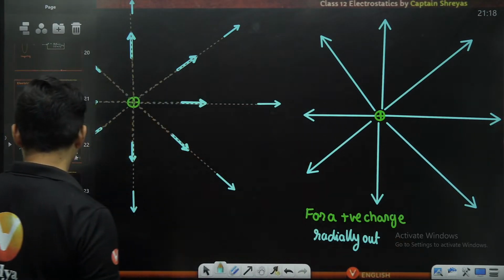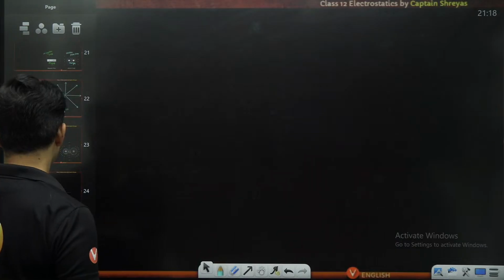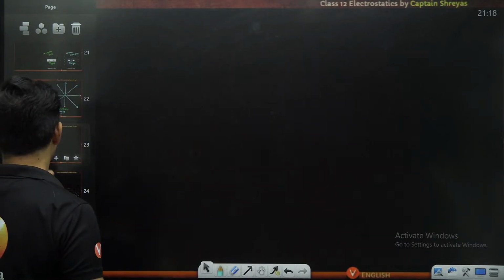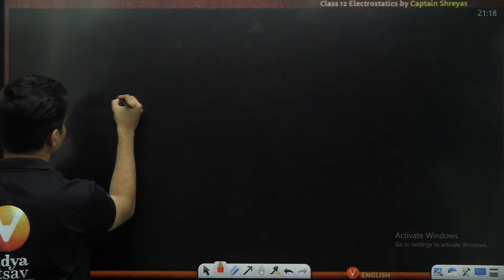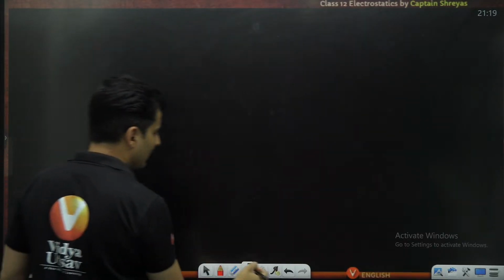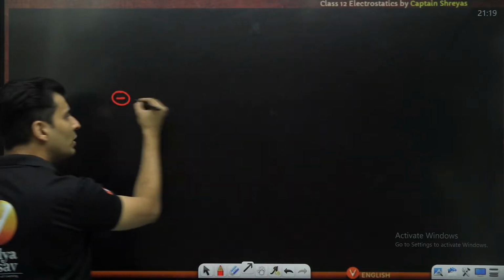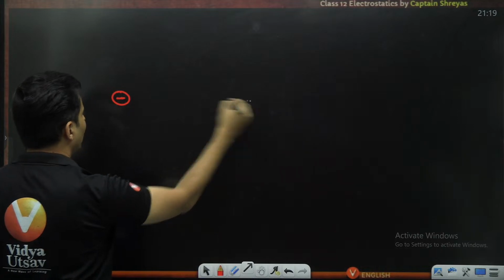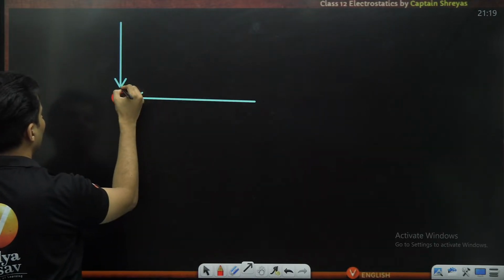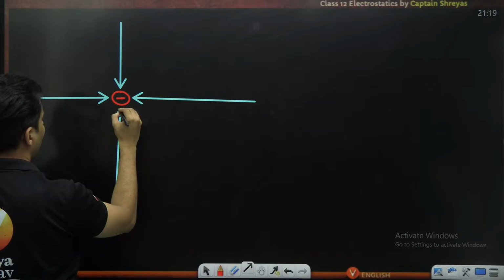But if you take, for example, a negative charge over here, you will see that the electric field will be towards it, because if you put a positive charge, it will get attracted. So the electric field lines are going to look like this.